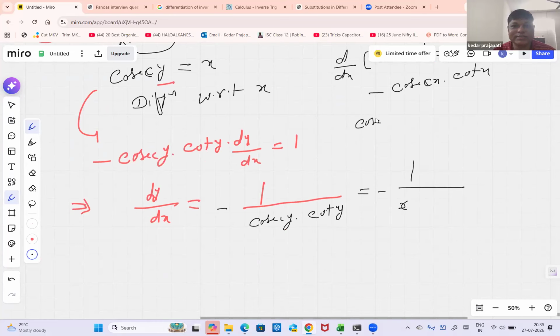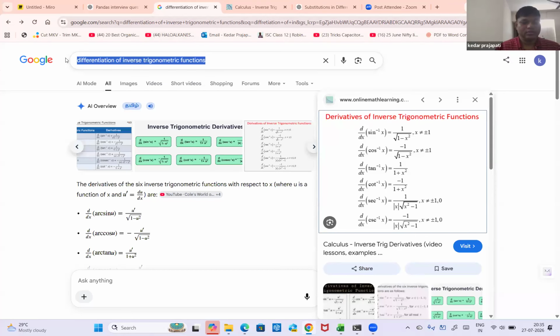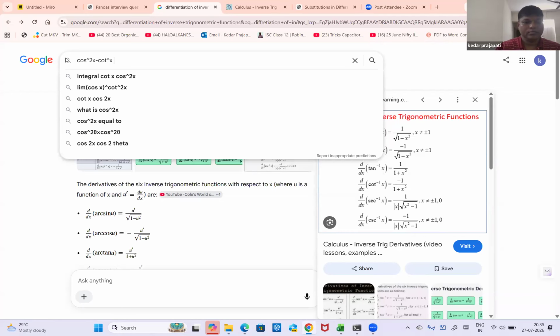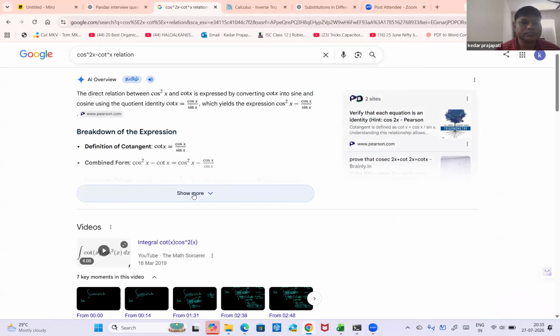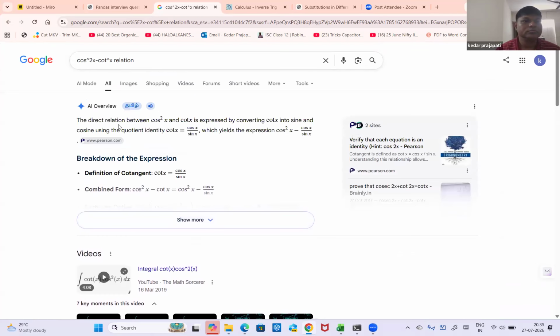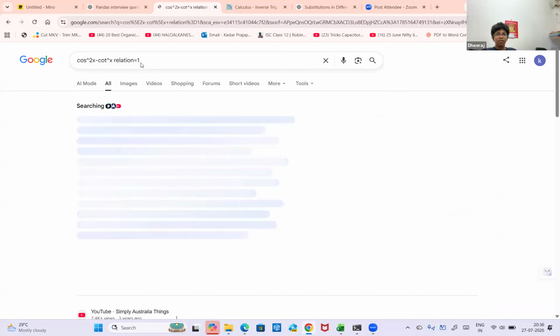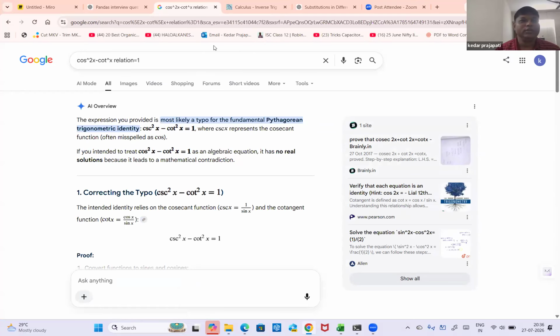Which one is that? Cosecant square minus cot square, so I was writing correct only.